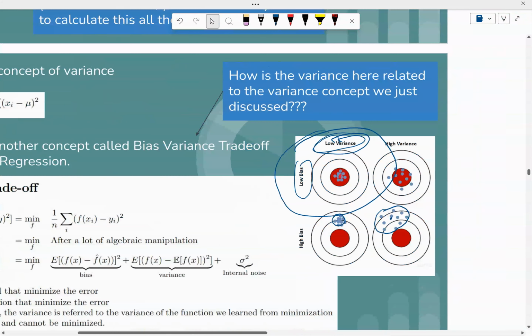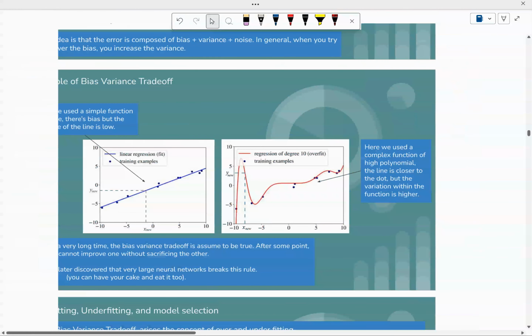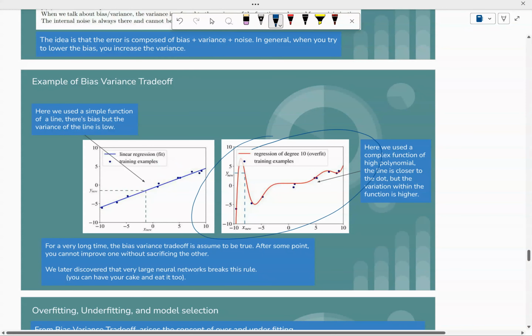Now if we actually try to show models of low bias and low variance, over here is an example of low variance. There's not much variation to your model, but the bias is a bit higher. Over here, notice how you have very high variation to your model, but it's doing a better job fitting the points. Therefore, it's lower in bias.